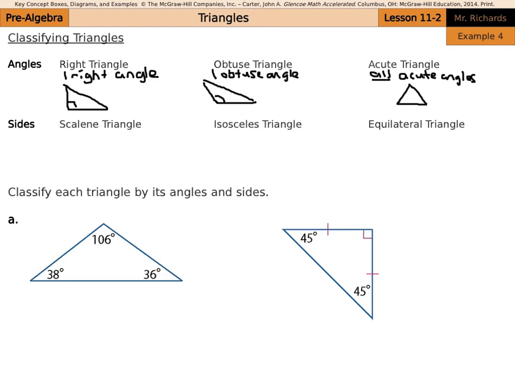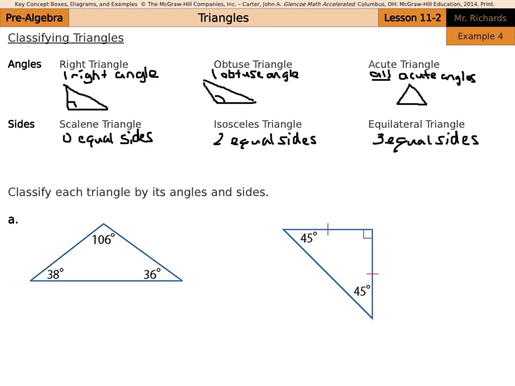A scalene triangle is a triangle that has 0 equal sides. An isosceles triangle has 2 equal sides. And an equilateral triangle has 3 equal sides.